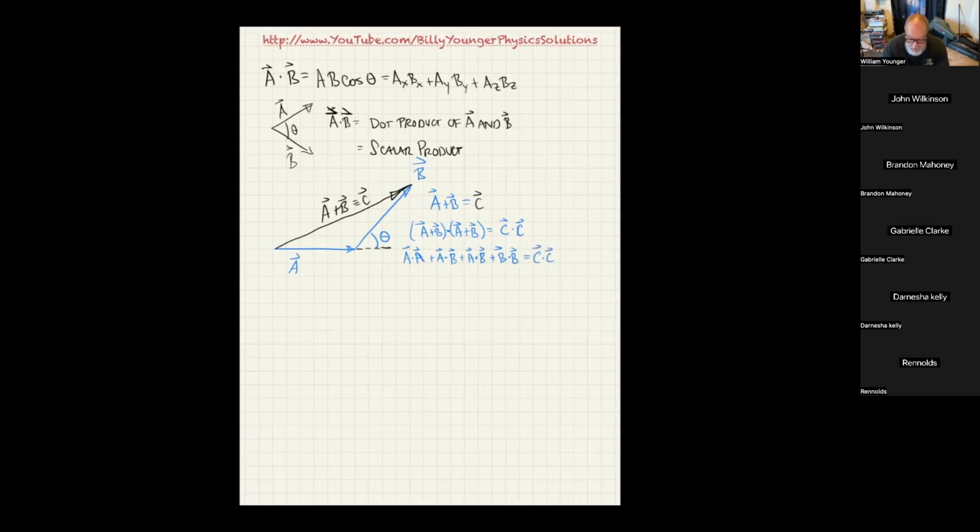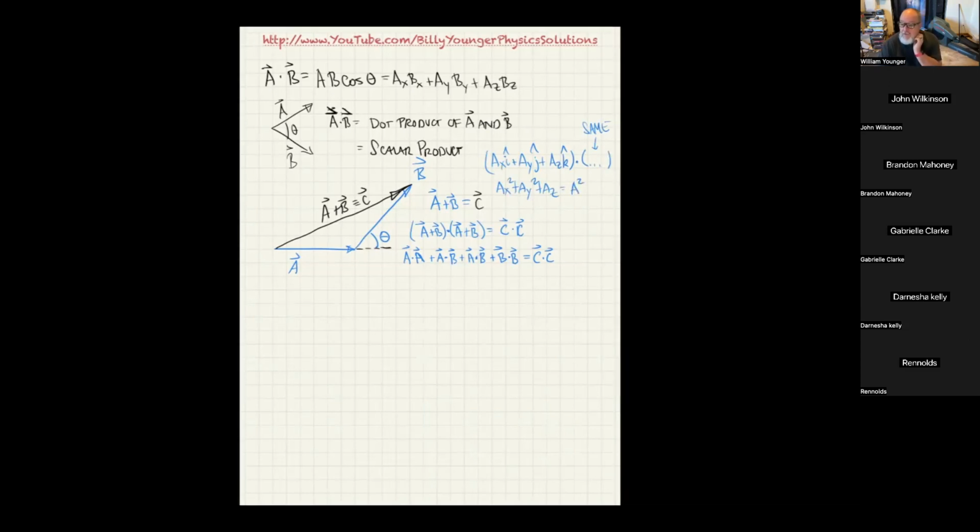Well, I think you know that if you took a vector, let's say Ax i hat plus Ay j hat plus Az k hat, and you dotted it with the same vector, you would get ax squared plus ay squared plus az squared, which I think you recognize as a squared, right?